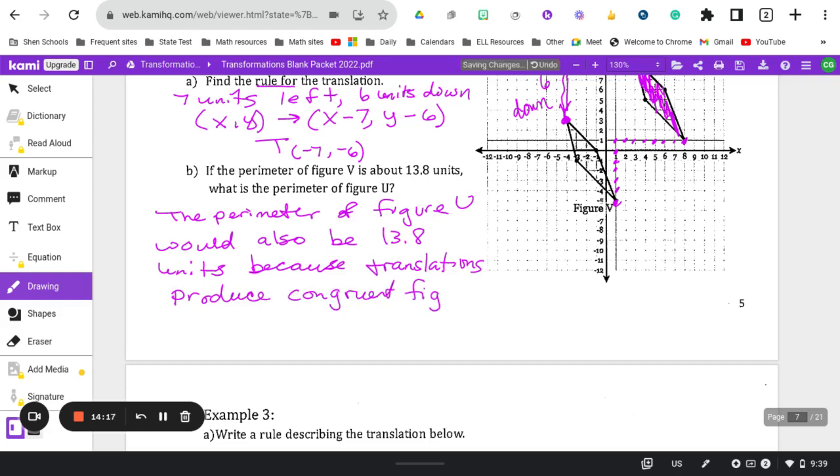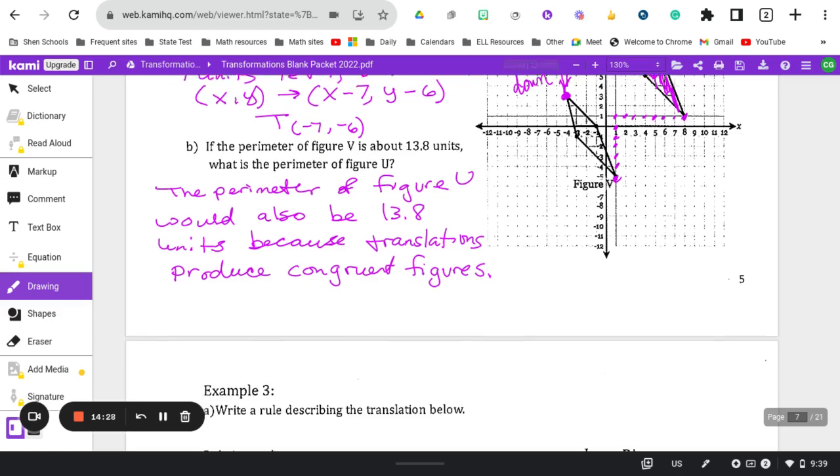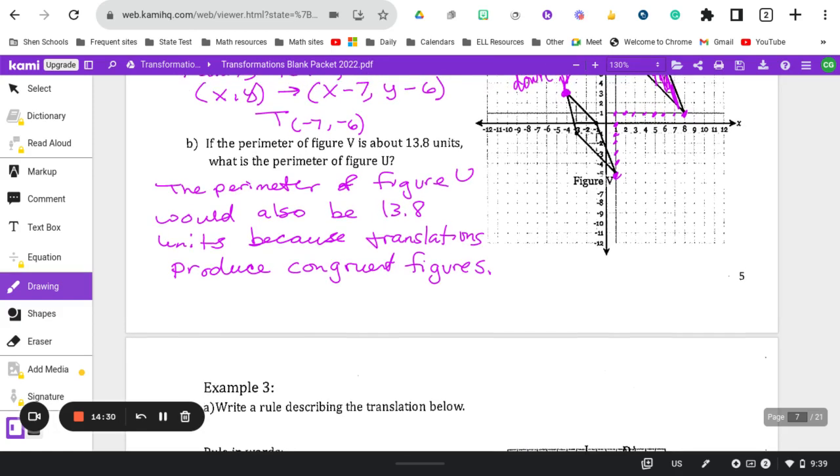And remember, the word congruent means identical, right? Same size, same shape. So, of course, if they're congruent figures, their perimeters are also going to be the same. So pause that video and make sure you have that written down before going on to page 6.